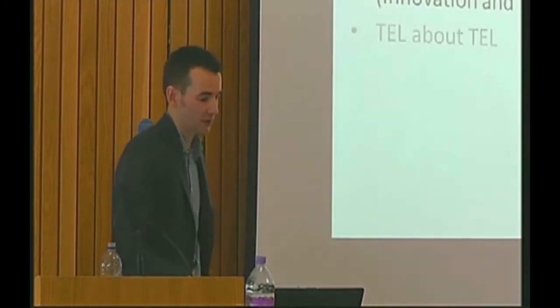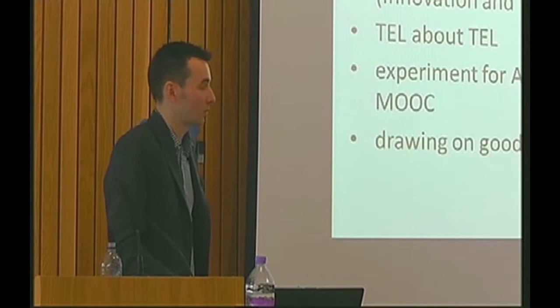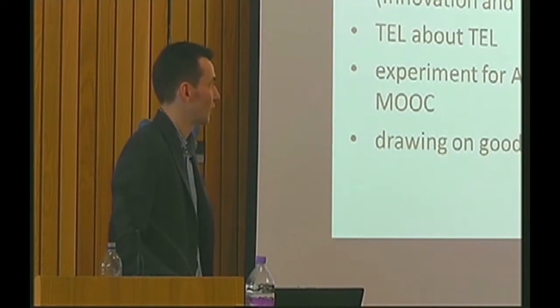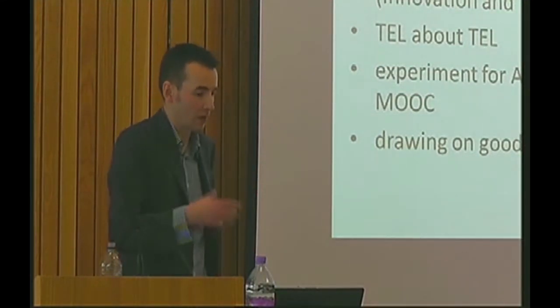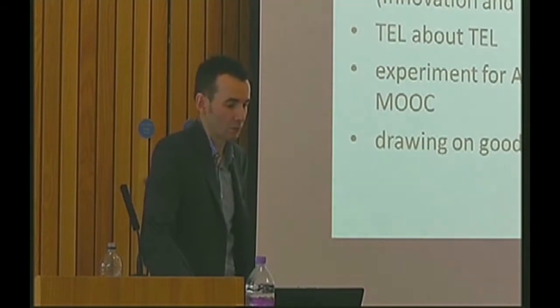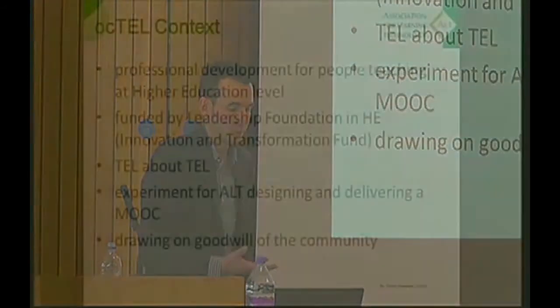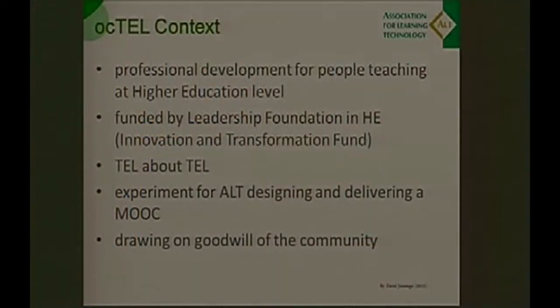And that was something that we did at Alt. We decided we'd run an open course, and openness was throughout the whole project. We wanted to use Alt's community members to actually develop some of the content. So Gronya was one of the tutors one week, so we had 11 tutors, and we had different people coming in presenting their work through webinars.